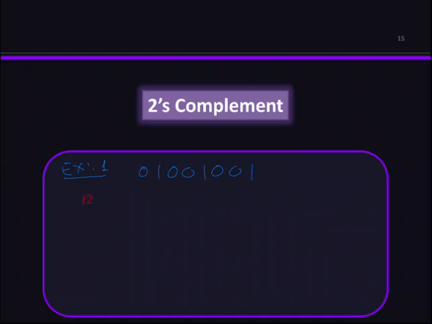Suppose 128, 64, 32, 16, 8, 4, 2, 1. This is the main thing which we must memorize. I'm telling it 2, 3 times because this number must be memorized. Now we are going to put the value 0, 1, 0, 0, 1, 0, 0, 1.